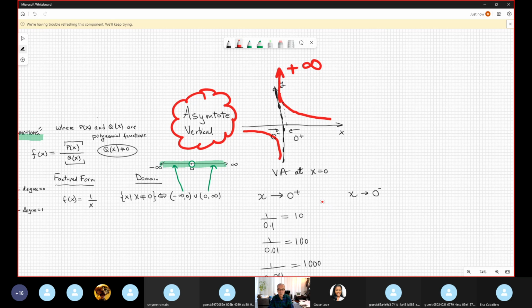Similarly, when you approach from the negative side, it's the same computation, but with a negative sign, and it goes to negative infinity. It doesn't necessarily always happen in this situation. Entonces, this is just an anticipation of the thing you want to study in detail, the vertical asymptote. It's a line in which the curve goes to positive infinity or goes to negative infinity.